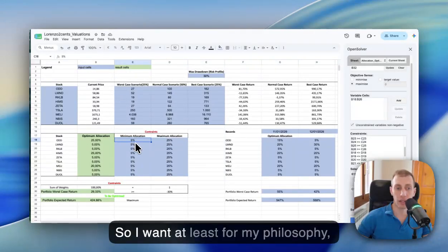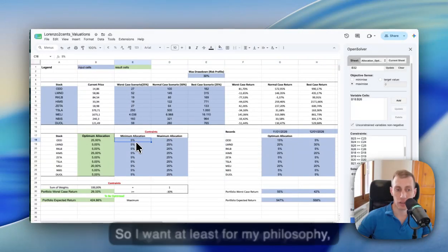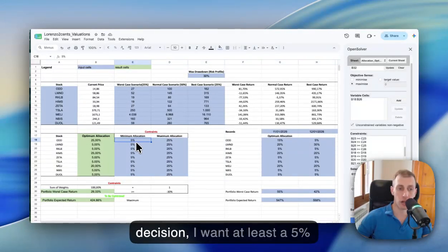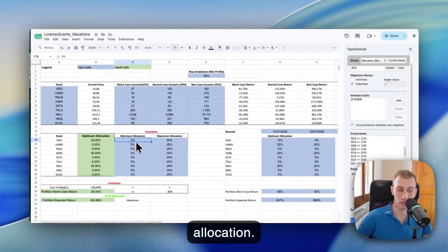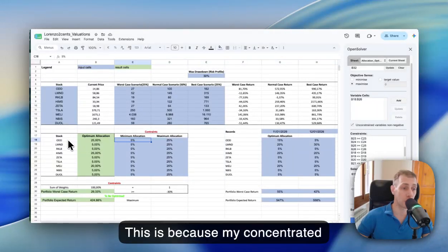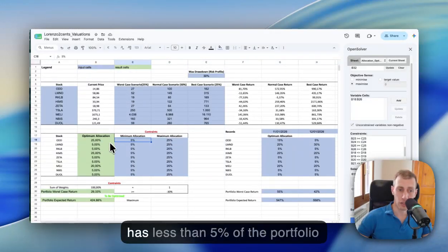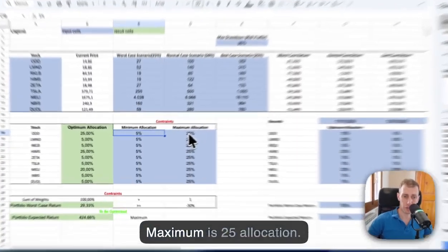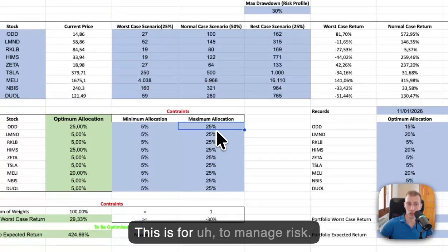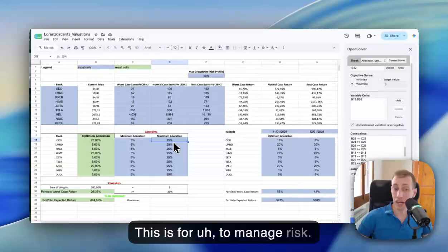So I want, at least for my philosophy, and again it's about you, about your decision, I want at least a 5% allocation. This is because it's a concentrated portfolio, it's 9 stocks, so it doesn't make any sense to have a stock that has less than 5% of the portfolio allocation. Maximum is 25% allocation. This is to manage risk.